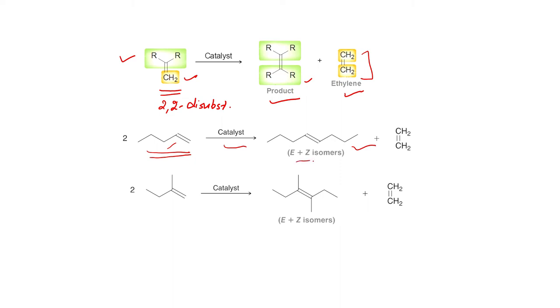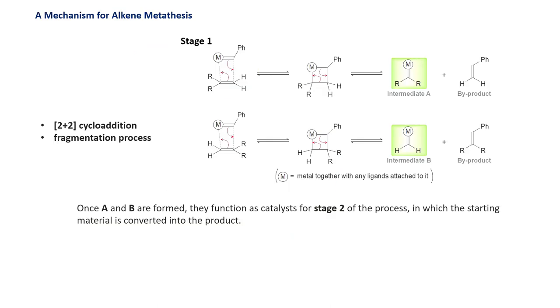This will be an E plus Z isomer, and similarly this alkene will give you this product. So you simply have to draw this product. So this is alkene metathesis.